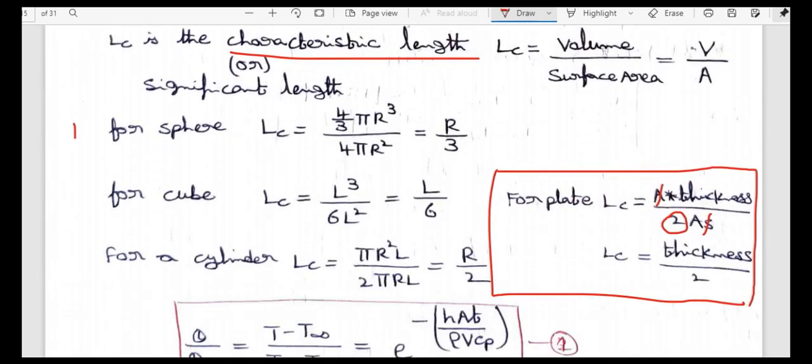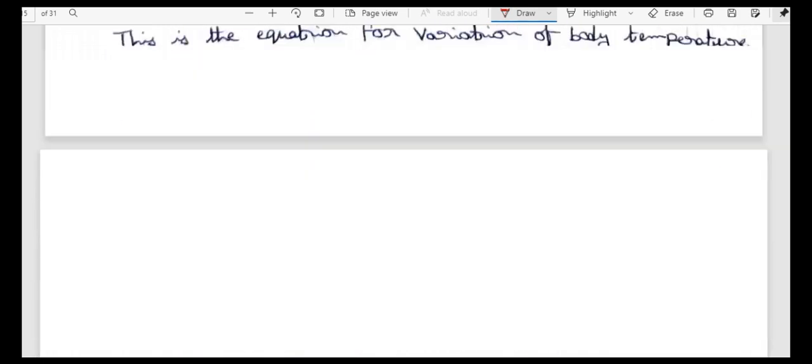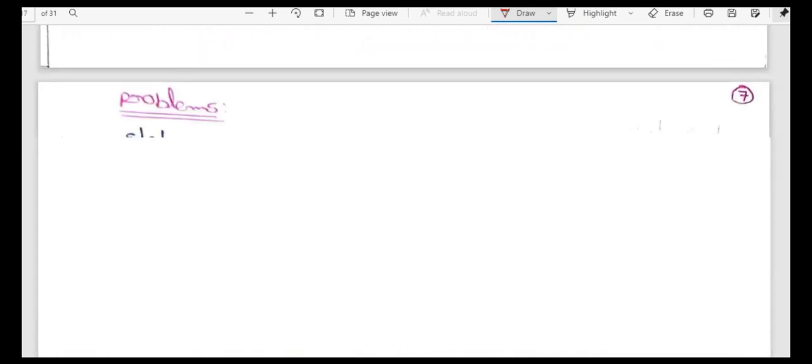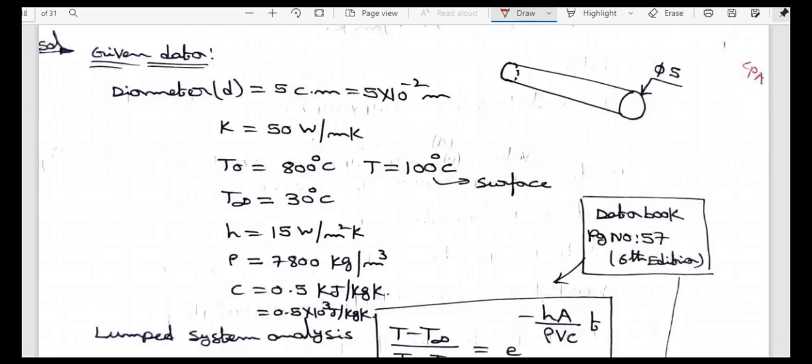The formula for the cylinder: volume over surface area is pi r square L by 2 pi RL. Here r, L and pi get cancelled. R by 2 is the Lc value for a cylindrical object. Now I am considering Lc is equal to R by 2. This is from data book page number 57, 6th edition.